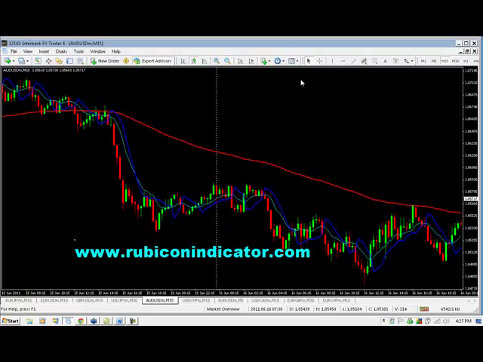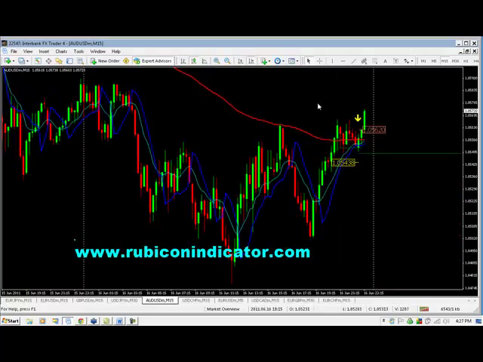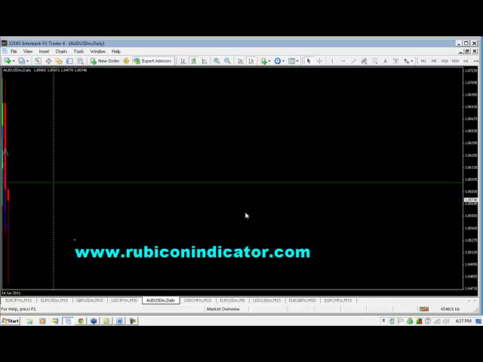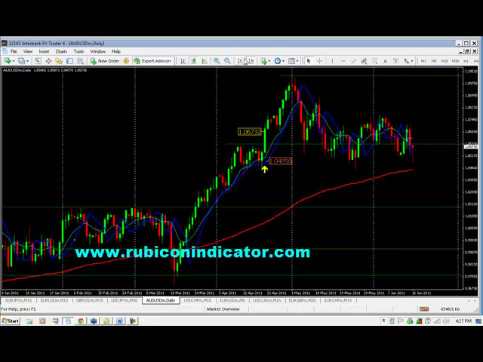Currency going in the opposite direction. Aussie dollar. Let's take it out to the daily chart. Squeeze it down.